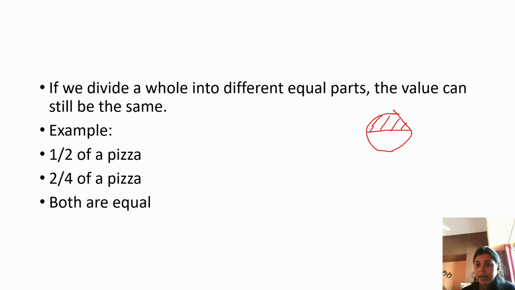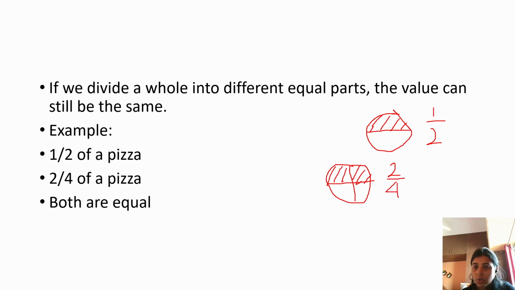This shaded part I can represent as 1 by 2. Or let's say the same pizza I will cut into four equal parts, and I will shade two parts. So the shaded part I can represent in fraction as 2 by 4.